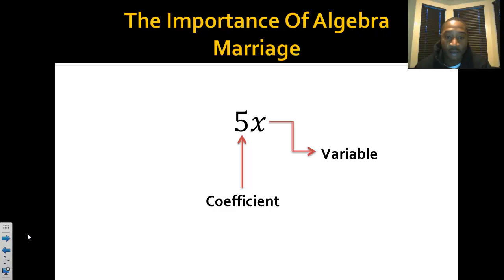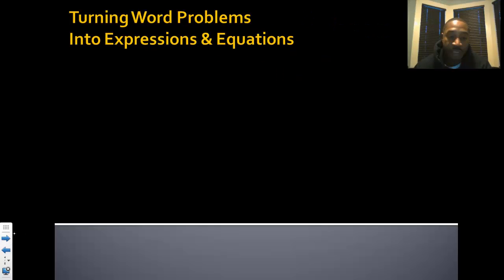So the same thing here. We have another variable and we have another coefficient. Now it's 5. So once again, we have that marriage again. And in this situation, you should know what 5x means. And of course, it means 5 times some number. Remember, the x means some number. We don't even know what this represents now, but we know it's 5 times something. Okay, so let's move right along.